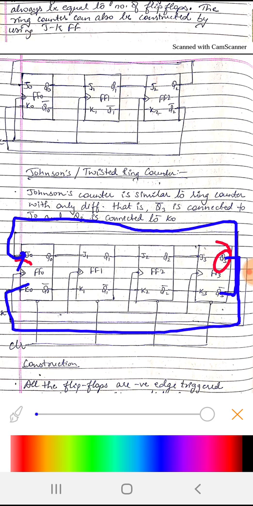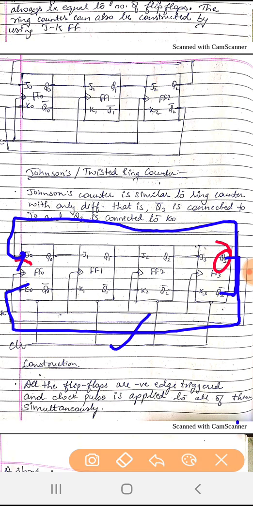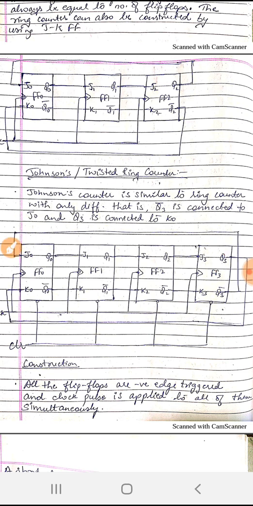So this is the only difference between a ring counter and the twisted ring counter. The complemented output is fed to the first flip flop at the J0 input, and the uncomplemented one is fed to the second input K0. So this is how the construction would look like.